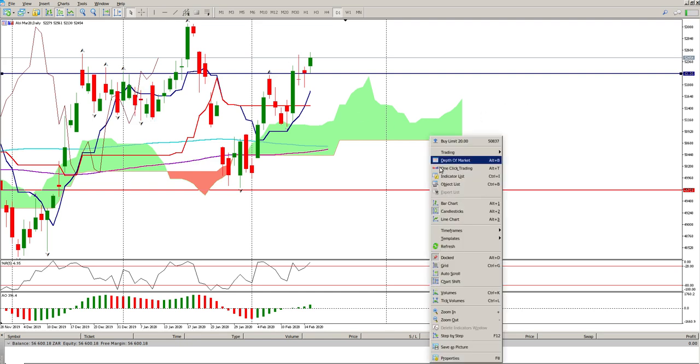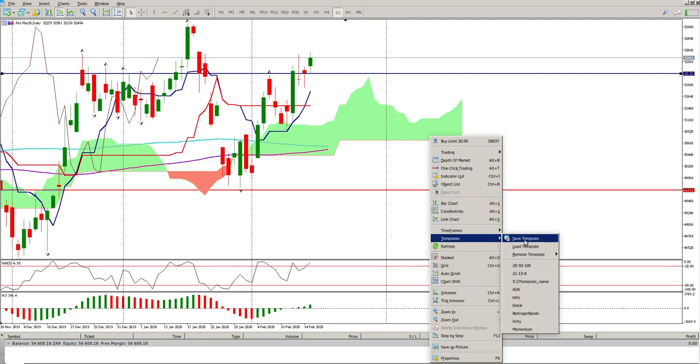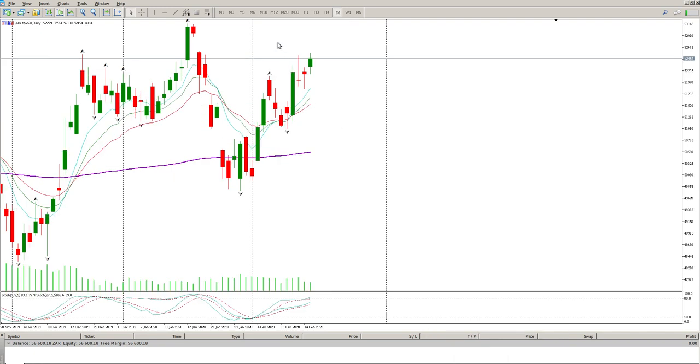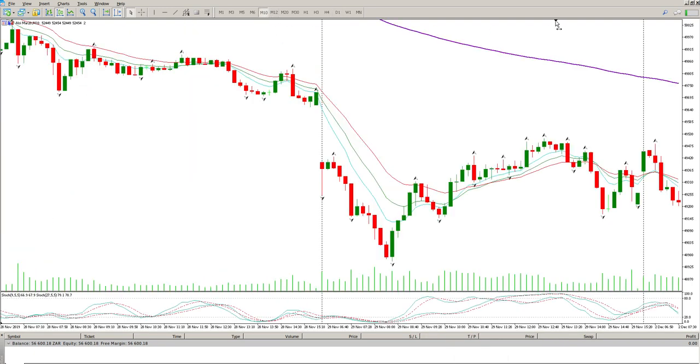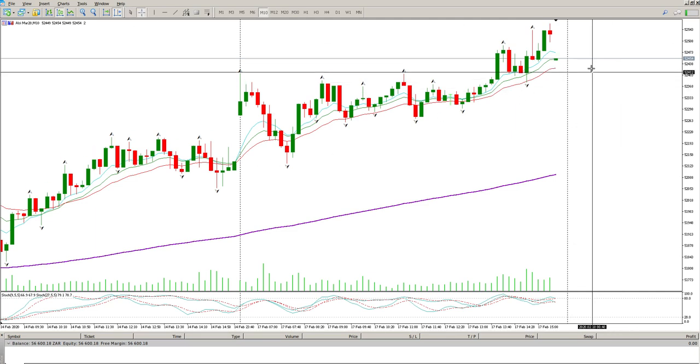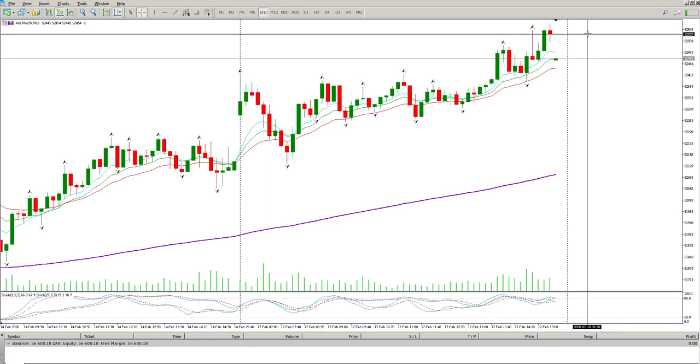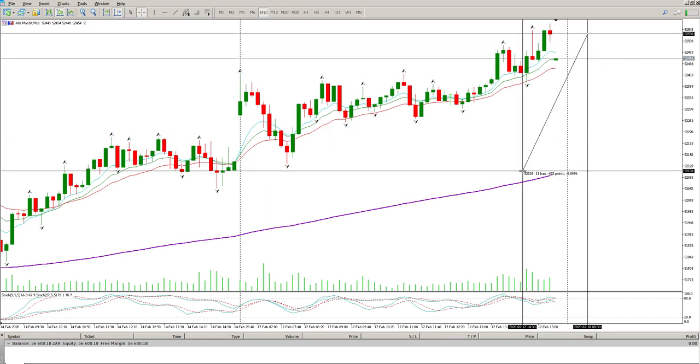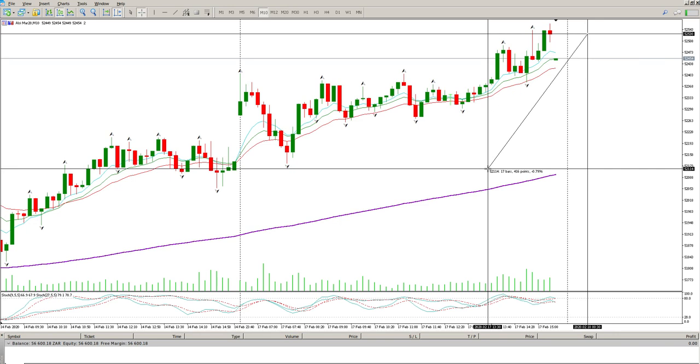Okay, so summary for me today. There is a short scalp on offer on this market, and you're going to need to do this on a low time frame, 5, 10, 12, 15 minute time frames. Wait for the gap, wait for the pullback, wait for the structure, then get in for the short, anticipating a break of this wedge. If we gap, let's go from there to there, that is 0.7%.